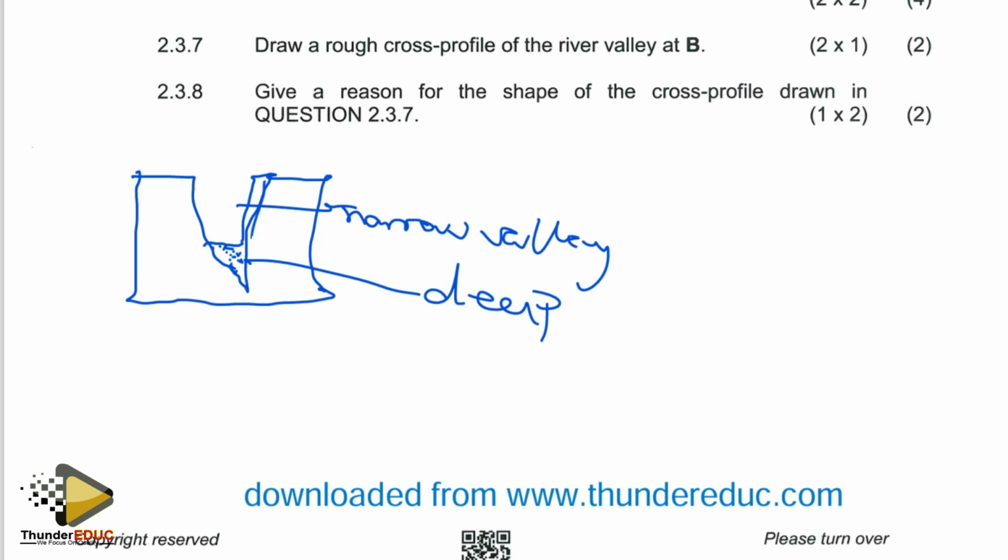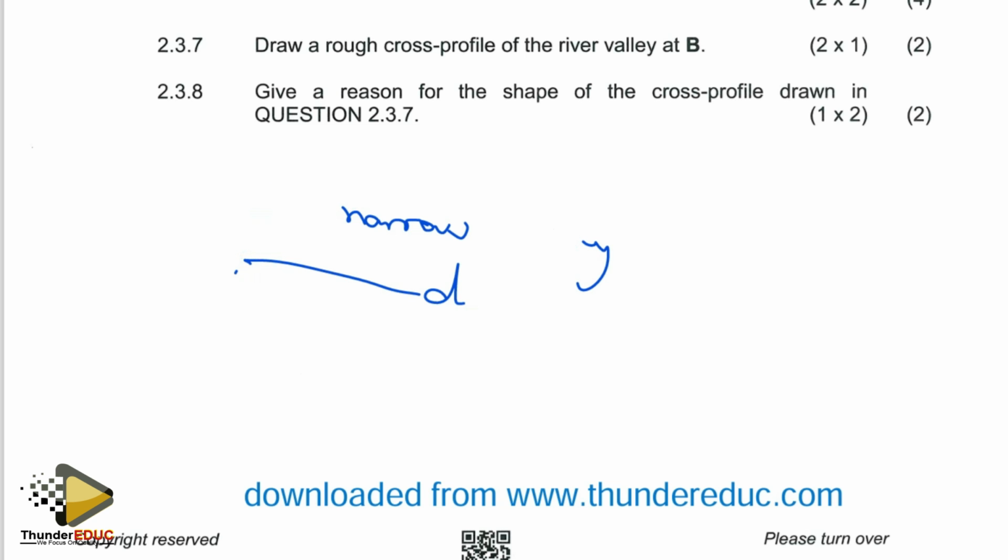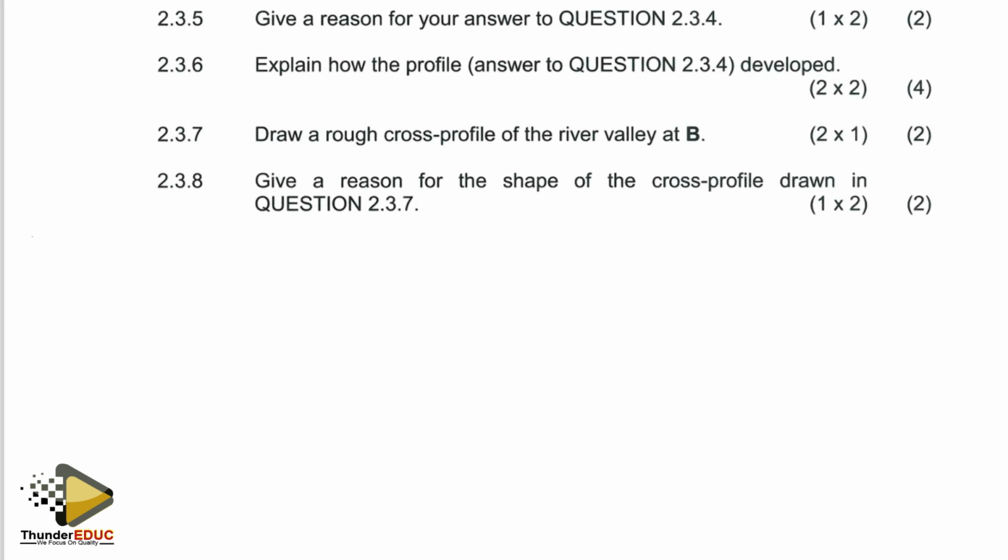It will mean that the river will have a deep valley. The valley will be deep and narrow. So basically, you can draw a profile which resembles something like that, a river which has got a narrow valley and which is deep. That is typical of a river. And also the discharge of the river will be very minimal. It will be having limited discharge because it's just in its youthful stage.